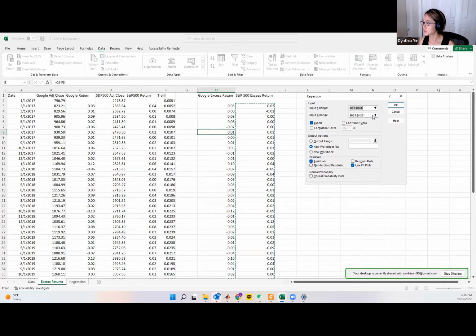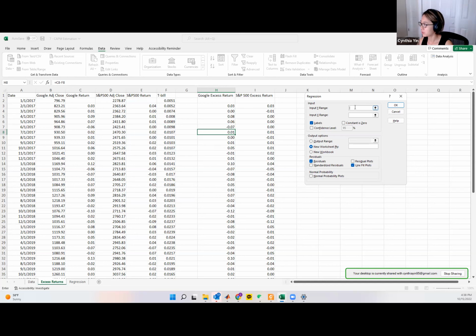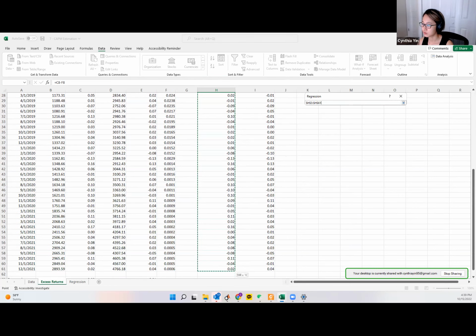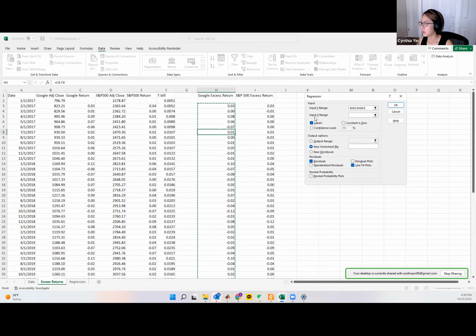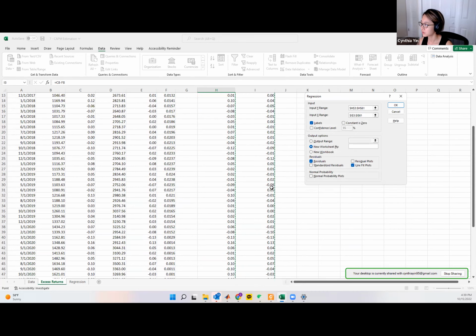Keep in mind that your Y range, the Y variable, is the individual stock. It's the dependent variable on the left-hand side, so you input all the numerical values. And the X range, X, is the S&P 500. Just input all the numbers here.